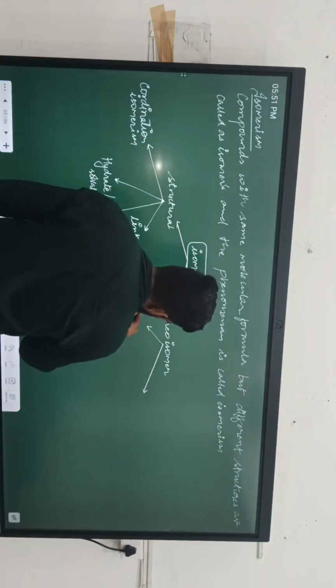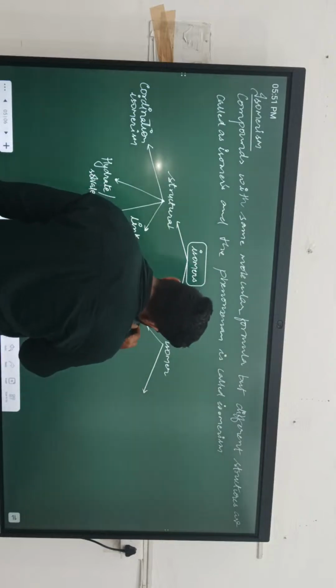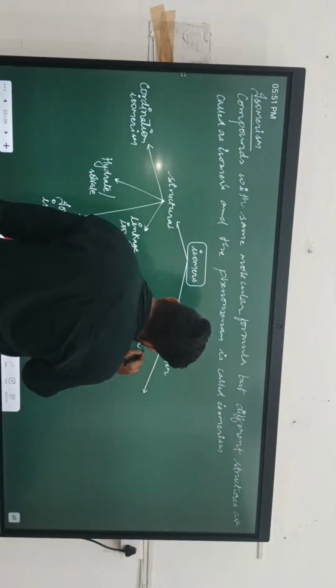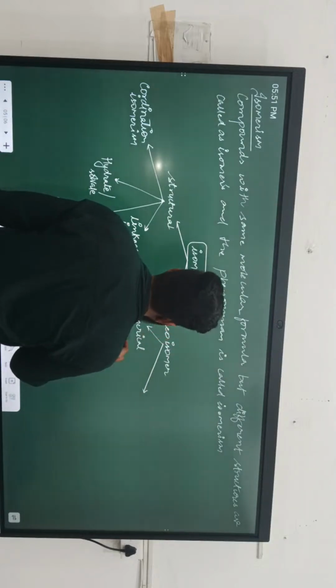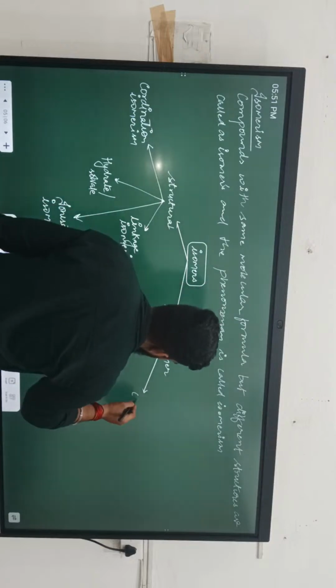Stereo is again classified as geometrical isomerism and optical isomerism.